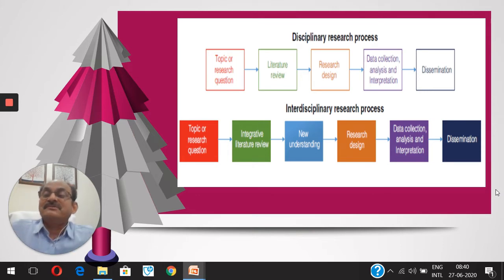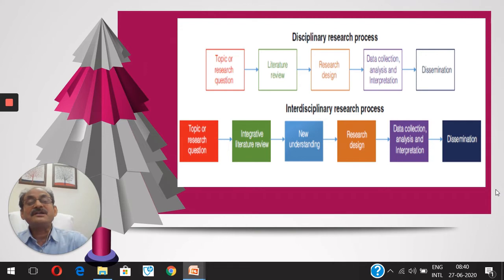This is very important: it is a little different compared to the disciplinary research process. In the disciplinary research process, research design is there.